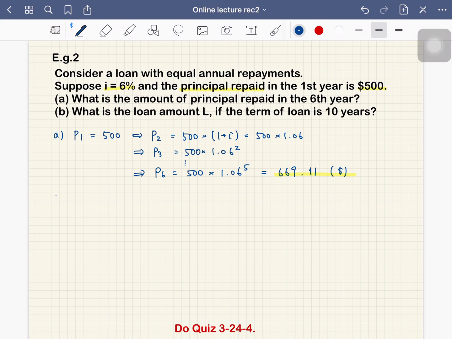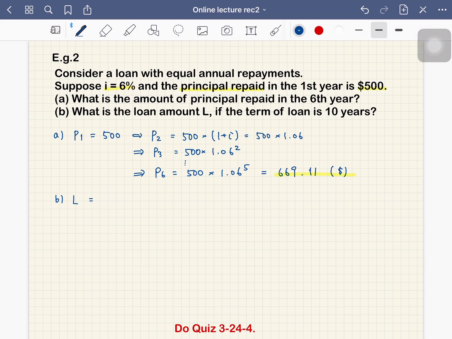Okay, now the second question, B. What is the loan amount L if the term of the loan is 10 years? This is also solved by the same property. P grows at a rate of 1 plus i.